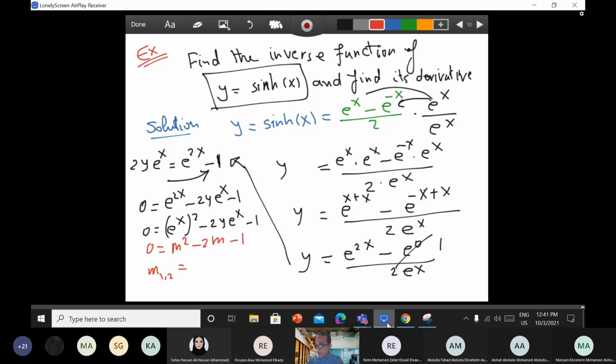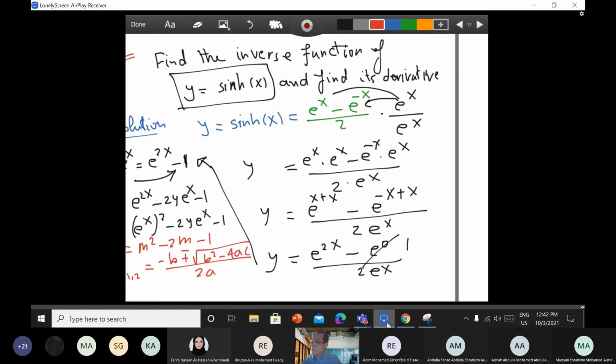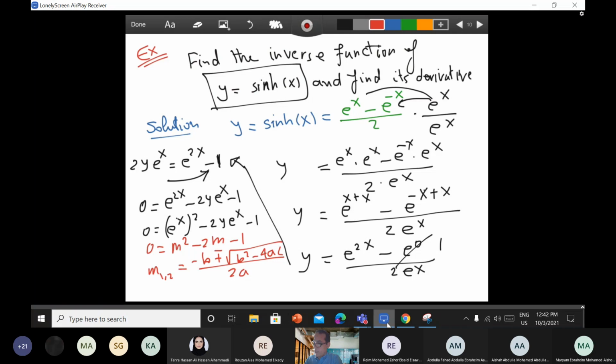I have two roots. Do you remember the quadratic formula, minus b plus or minus the square root of b squared minus 4ac, over 2a? Yes. So I get e to the x will equal to, remember, a is 1, b is minus 2y, c is minus 1 in this quadratic equation, right?